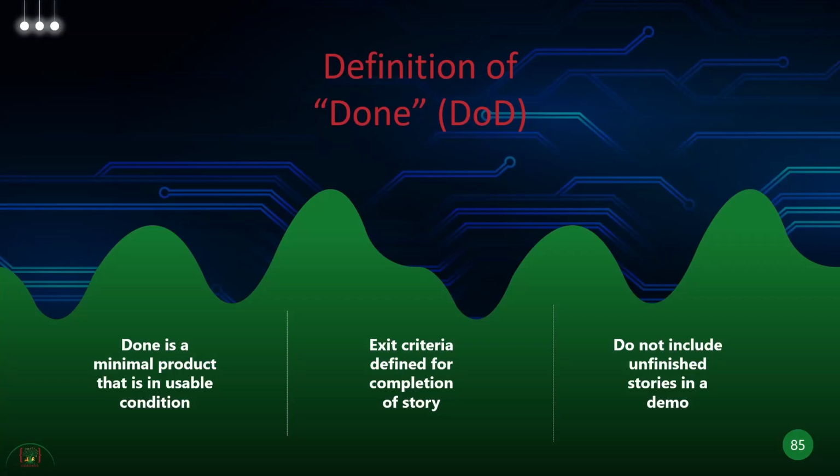I don't like to do that. I just feel it's not good practice to show anything that's unfinished. You can definitely show the product owner that you're working on some stories, but if it's unfinished, it's best not to demo it because it doesn't give the right picture. As long as it's done, it meets your acceptance criteria, it meets your definition of done, show it by all means to the product owner and get their sign off. That is the whole goal of a sprint demo.